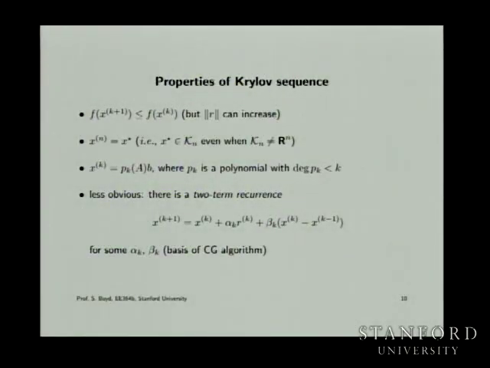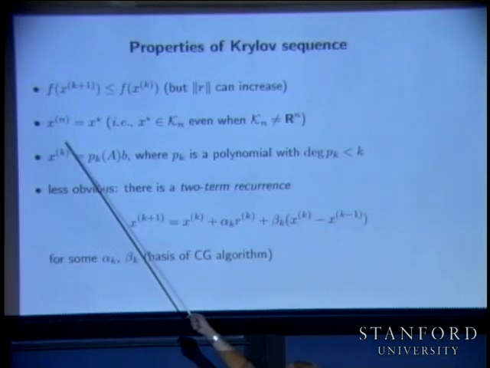Well, your function goes down. That's because you're minimizing a convex quadratic function over a bigger subspace. If I minimize a function over a bigger set, let alone subspace, the optimal function value can only go down, can't go up. I mean, it could stay the same, I guess. Okay. Now, if you go here all the way to n, you get x star.